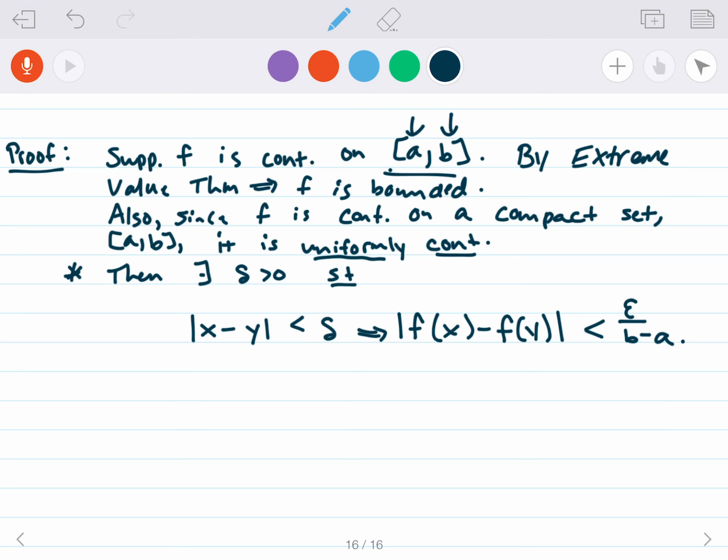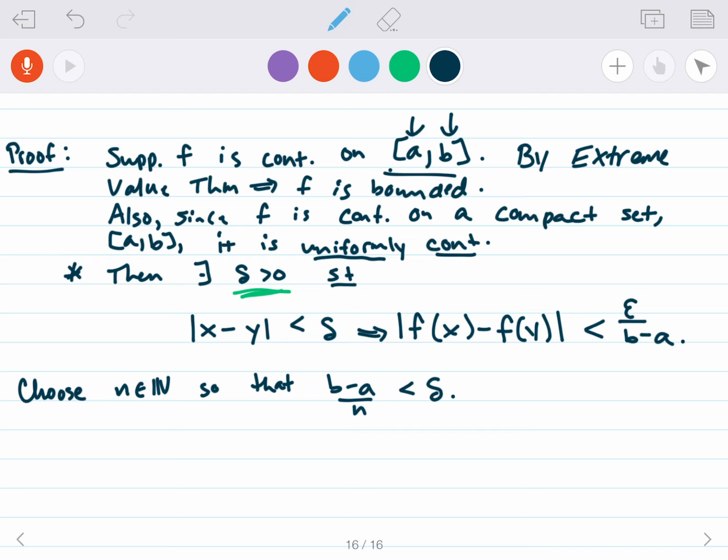Okay, so this is what uniform continuity means. And remember, the difference between uniform continuity and regular continuity is that a single delta will work here for all x and y in our set [a, b]. So what we're going to do is choose little n in the naturals so that (b minus a) over n is less than delta.